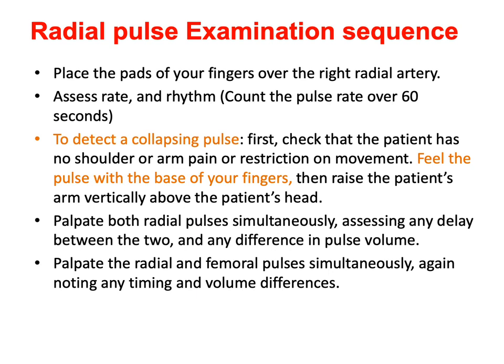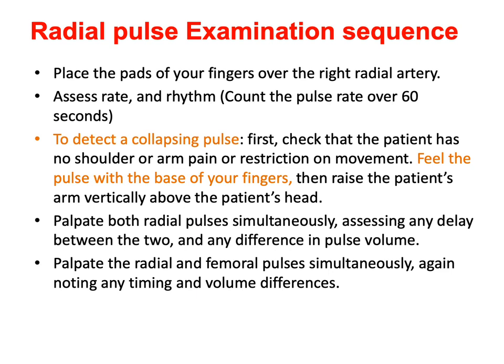We aim by this maneuver is to feel if there is any change occurring in the volume of the radial pulse while raising the patient's hand or arm above his head. This is what we call assessment of collapsing pulse or water hammer pulse, which has special clinical implications as we are going to see further in our study.